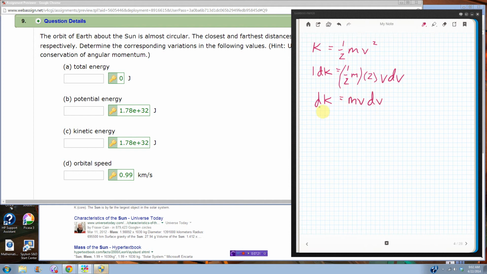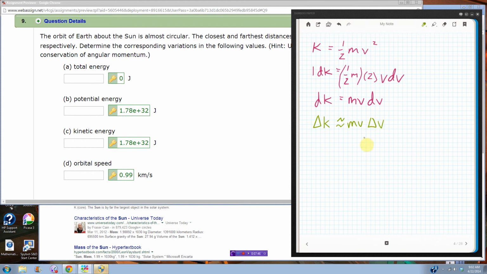Now, d is really an infinitesimal change, but it's a change, so I can also approximate it with this symbol for change. Instead of dk, I could say delta k, which is approximately mv, instead of dv, delta v.